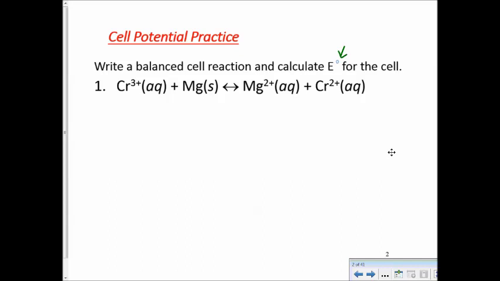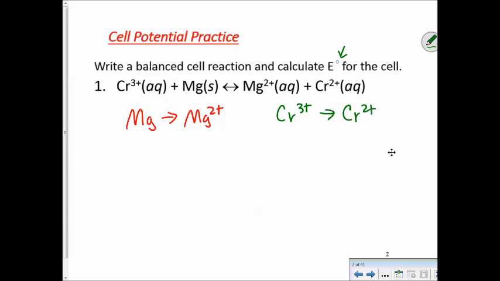So here, looking at my overall reaction, I can figure out what's being oxidized and what's being reduced. What's being oxidized? Magnesium is being oxidized. It's going from Mg to Mg2+, right? And our chromium is being reduced, going from +3 to +2.